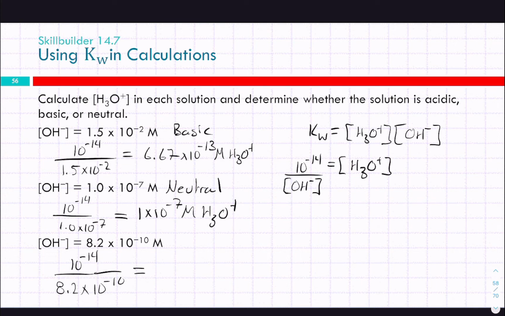That's going to be 1.2 times 10 to the negative 5. So acidic or basic? It's acidic because this concentration of H3O plus is larger.